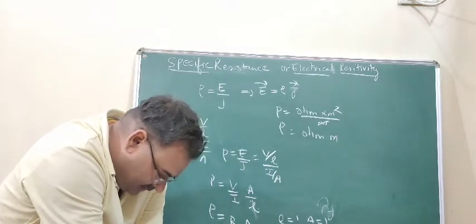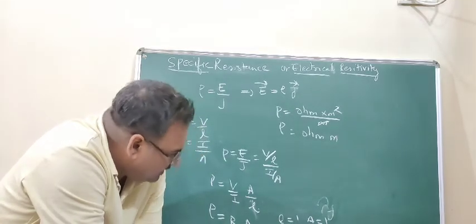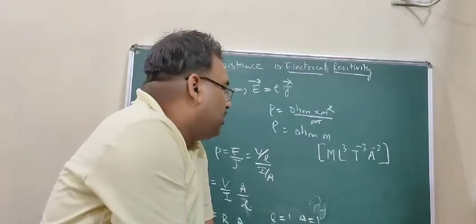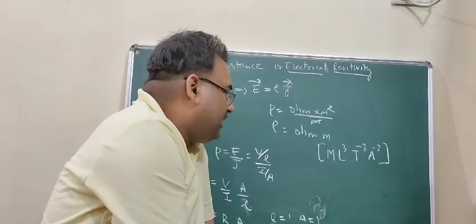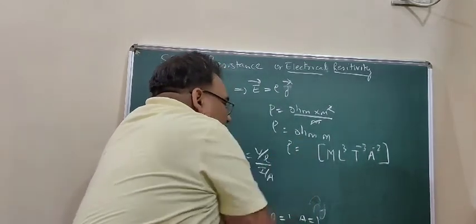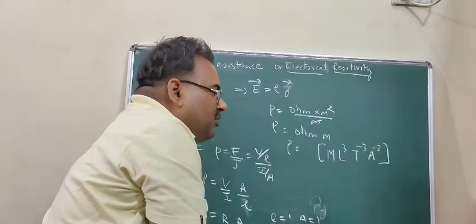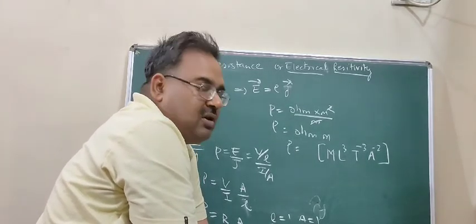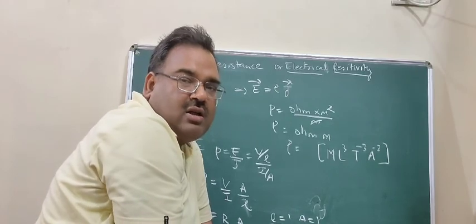Is it clear? So the unit is expressed in ohm meter, and the dimension for resistivity rho is M L cube T raised to power minus 3 A raised to power minus 2. This is the dimension for specific resistance or resistivity.